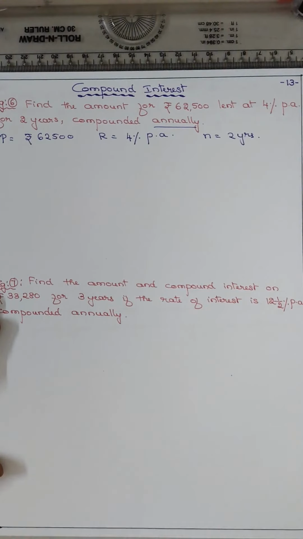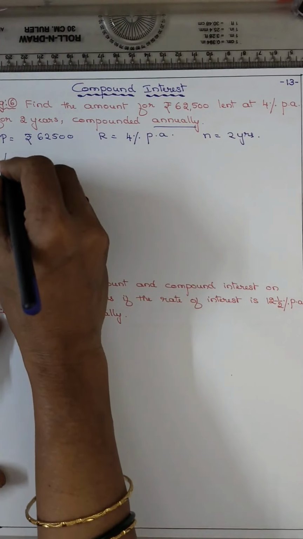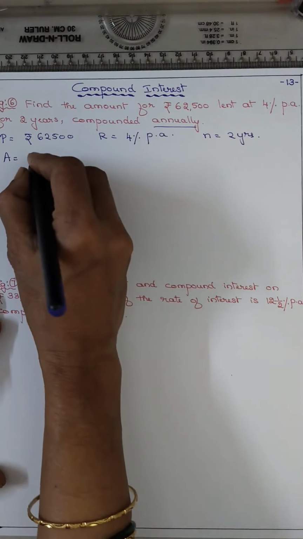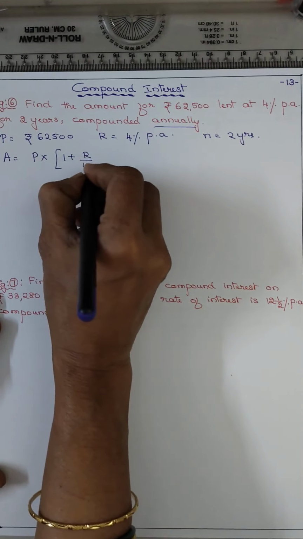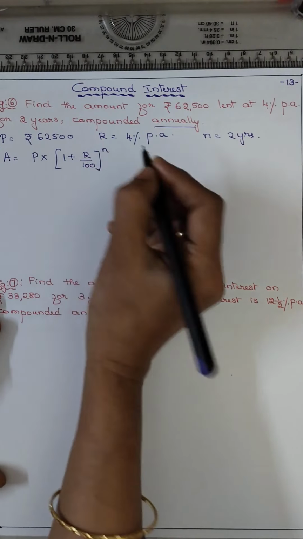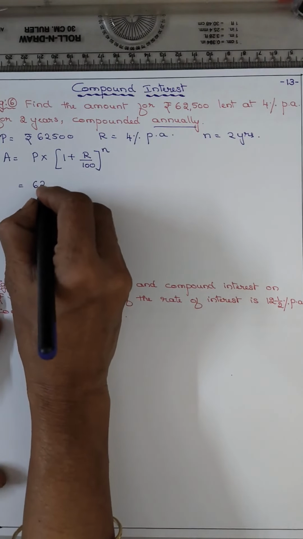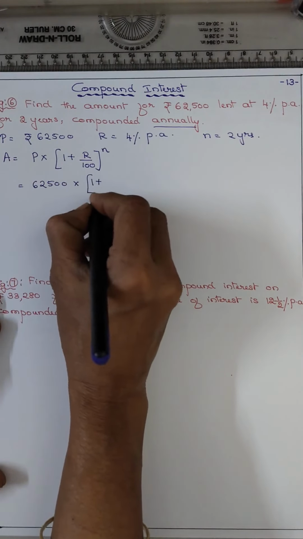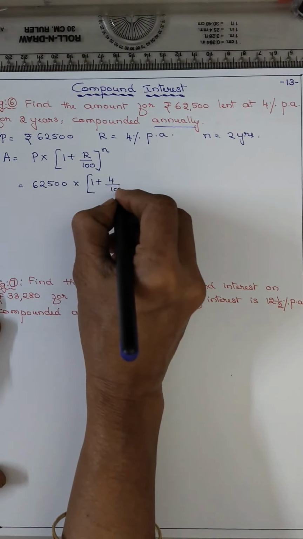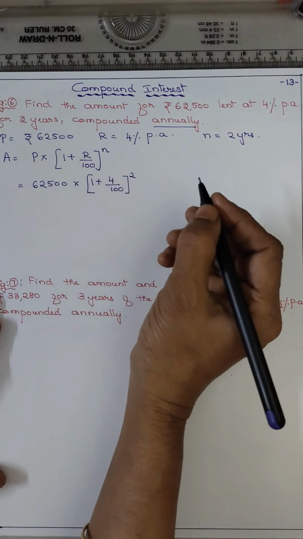Annually, so there is no change. So, A is equal to P into 1 plus R upon 100 the whole raised to N, 62,500 into 1 plus 4 upon 100 the whole raised to 2.